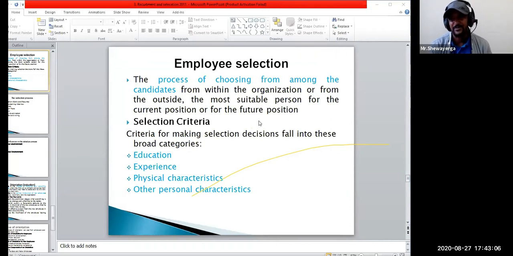What does decision mean? When is there a decision? Abed? Decision is nothing but... say something. What is decision? No idea about decision. Anyone? Please say something.